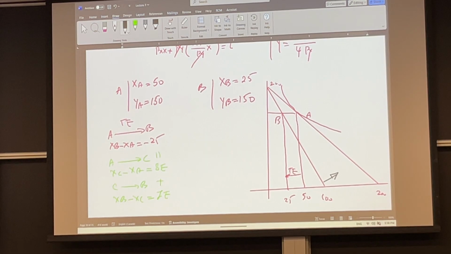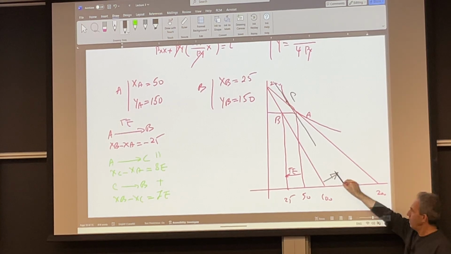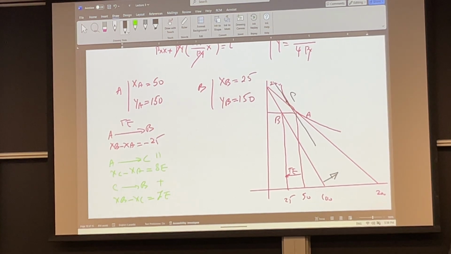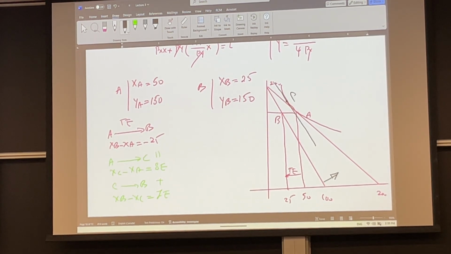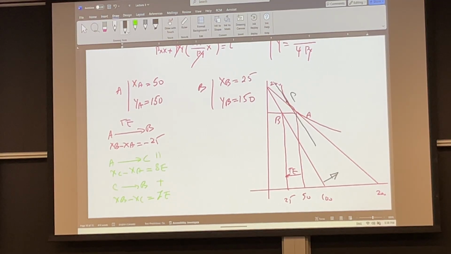Make sense? All the way to tangency. That is point C. So we give the individual money, now he is as happy as before. Point C will eliminate all income effects. Alright, that's what the graph says.